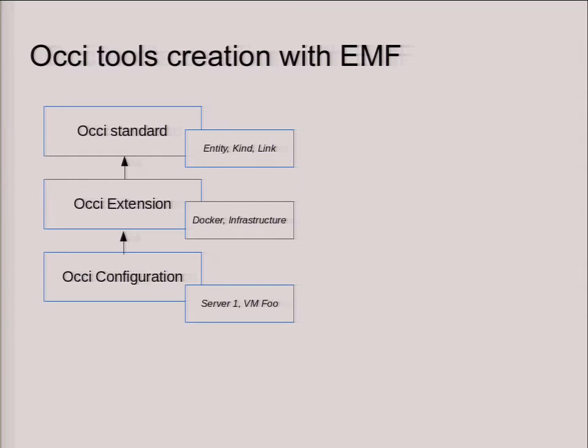So what we would like to do is that inside OCCI you have the standard, where you can define some entity kind and link. You create your own extensions, for example, for Docker, for your infrastructure, for monitoring, for the IaaS, PaaS, or SaaS. That's basically REST description of your systems. And here you do it for your dedicated applications, or dedicated infrastructure.